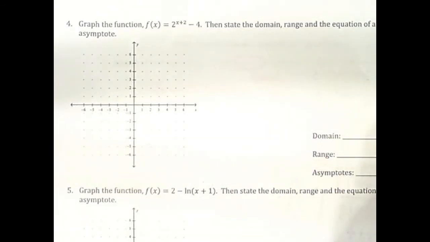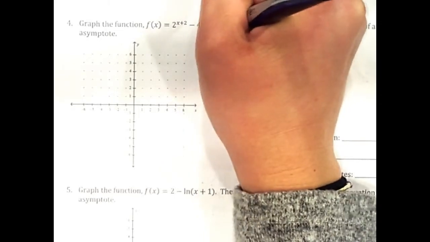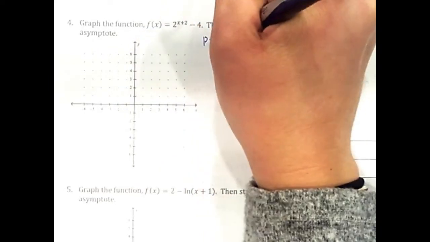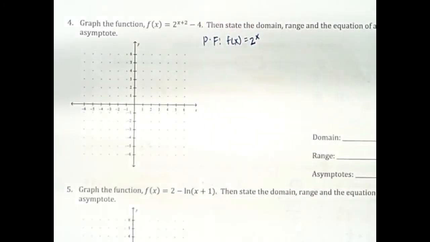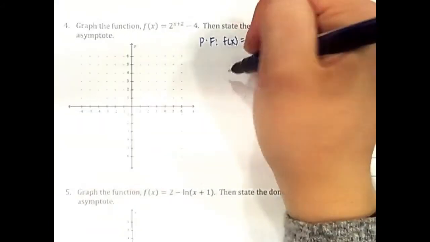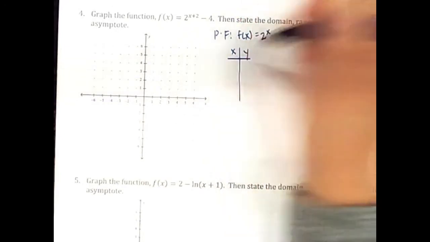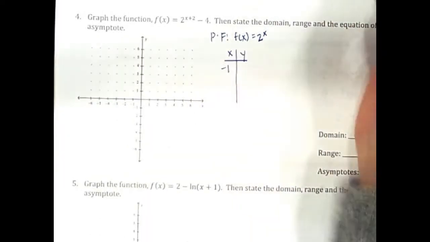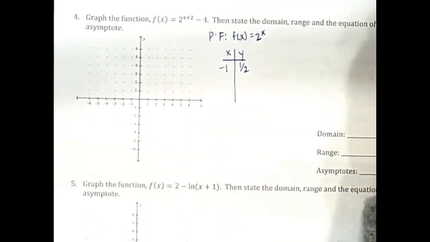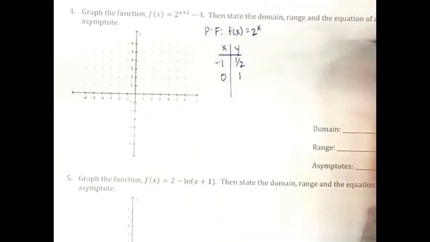Okay, so we have an exponential equation. My parent function here is 2 to the x power. Remember, for exponential equations, if I plug in -1, 2 to the -1 gets me 1/2. If I plug in 0, 2 to the 0 gets me 1.